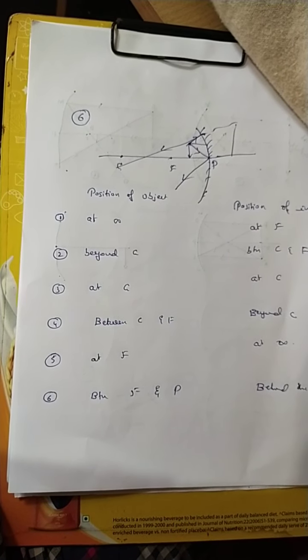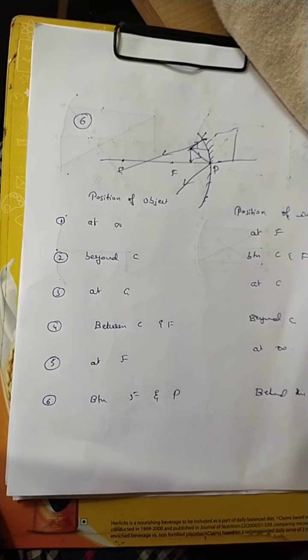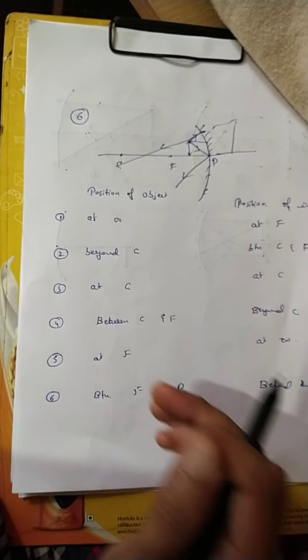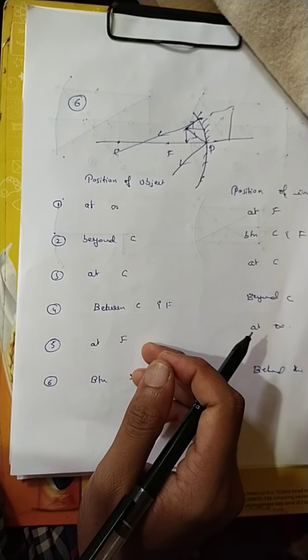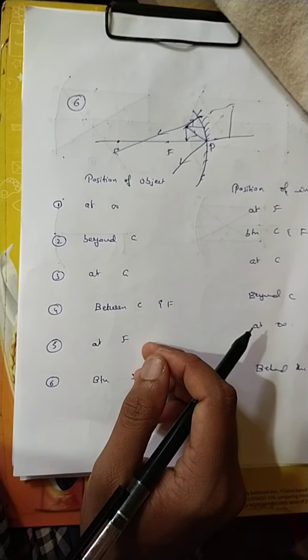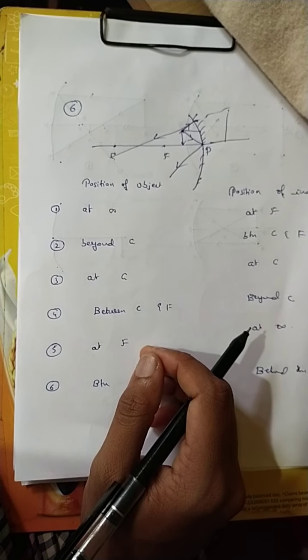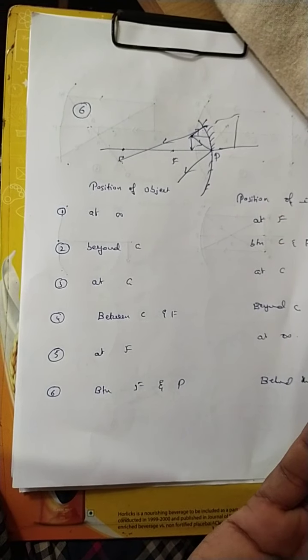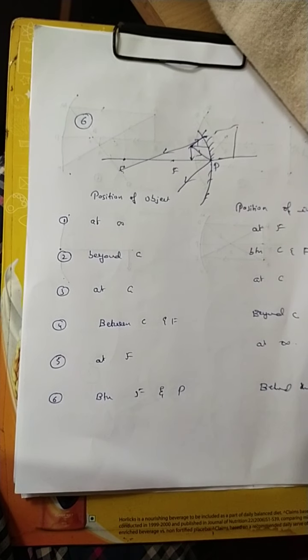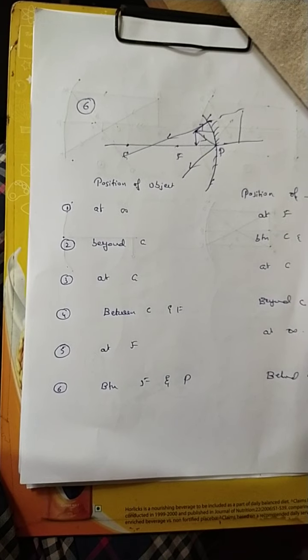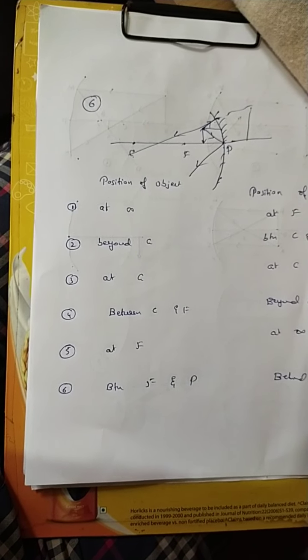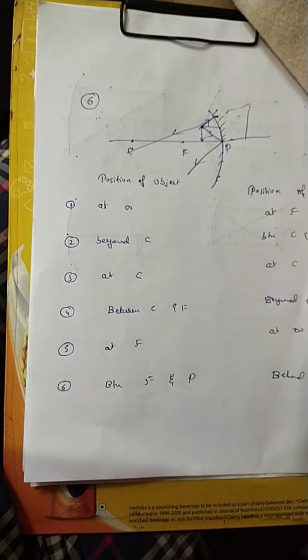When the object is placed at infinity, the position of the image is at point F. The size of the image is very small, highly diminished, point sized. Then again, beyond C, the size of the image is greater than the previous one. Then again, when the object is placed closer to the pole, the size of the image increases.